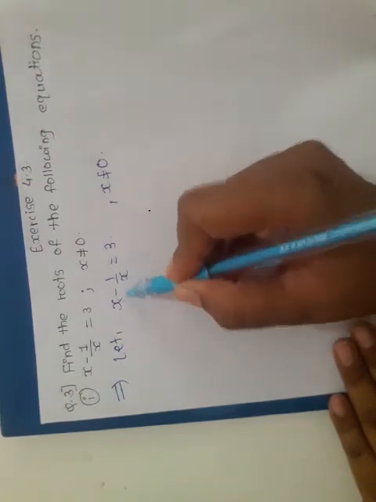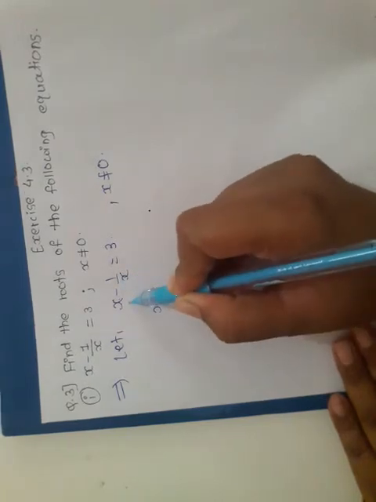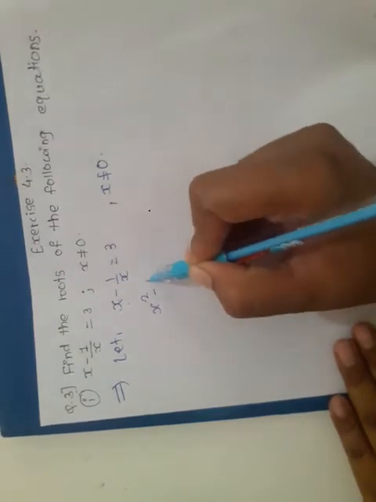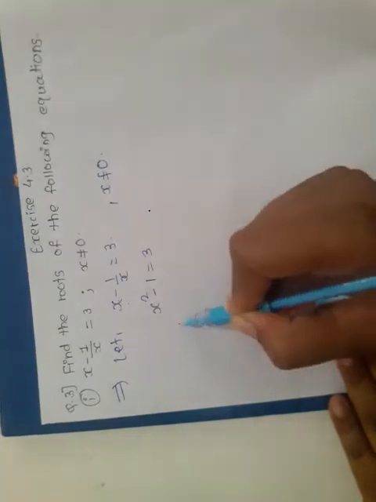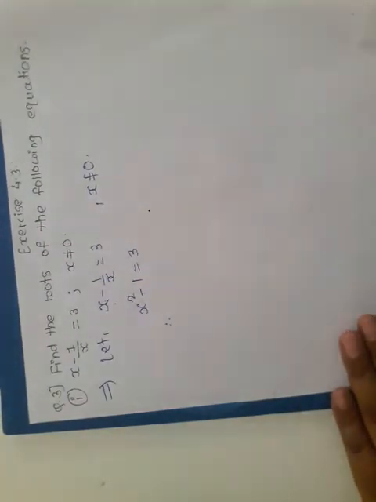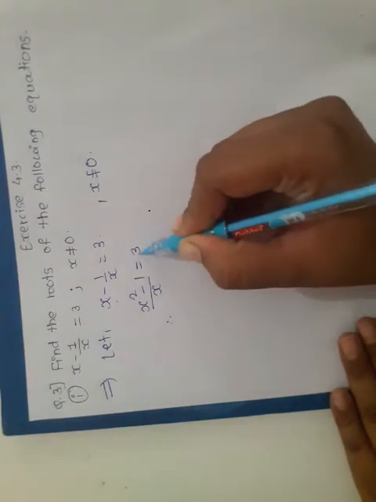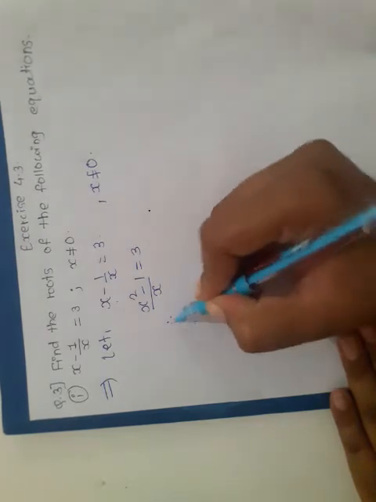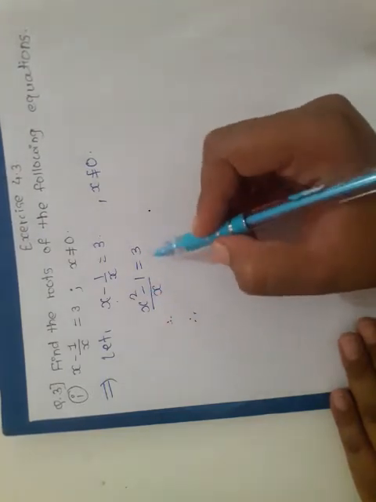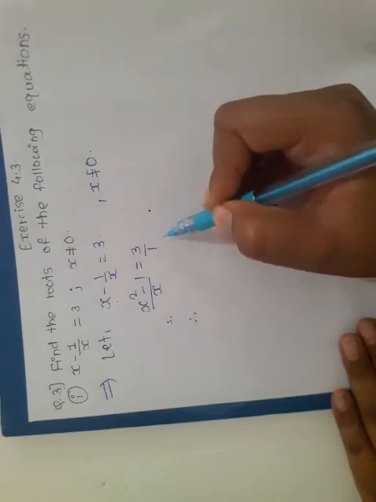By cross multiplication. x into x is x square, minus 1 into the denominator of x which is 1, so minus 1 is equal to 3. Therefore we can convert it as x square minus 1 upon x is equal to 3, with the denominator remaining. Now again we have to cross multiply; the denominator of 3 is 1.